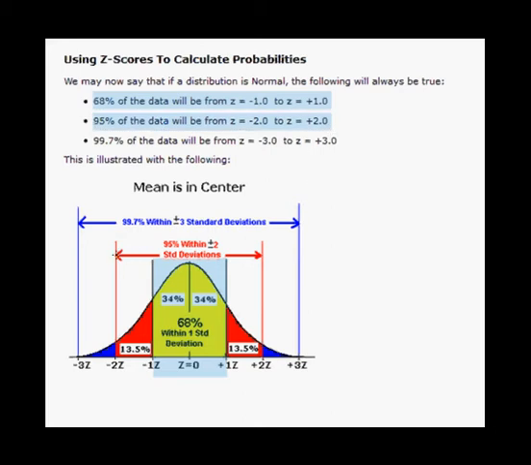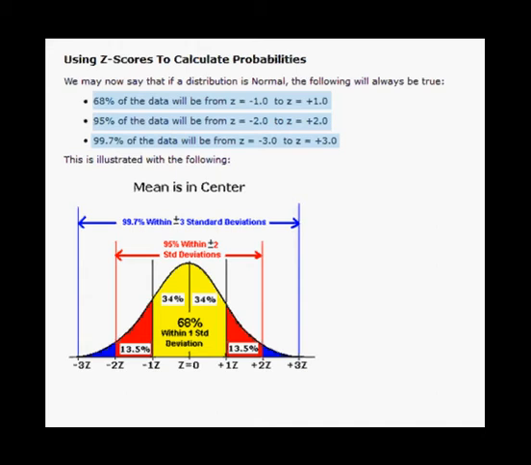That corresponds to this area including the red and the yellow. And 99.7% of the data will be from z equal negative 3.0 to z equal positive 3.0, and that would include all of the blue, red, and yellow area of this normal curve.